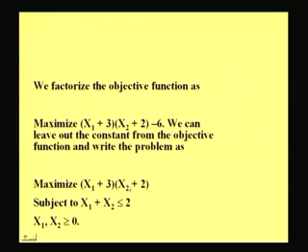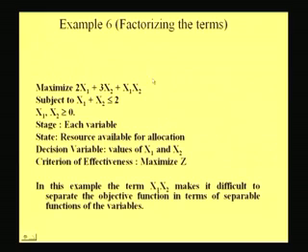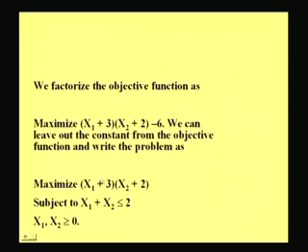So, it is important that when we have these kind of objective functions, we should explore possibilities by which we can convert them into the form f1 of x1 plus f2 of x2, or f1 of x1 into f2 of x2. In this case, it was the product form that we used.